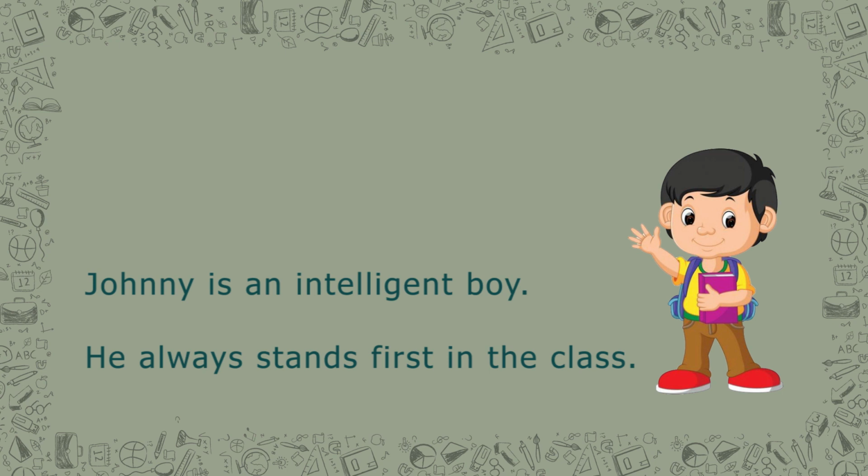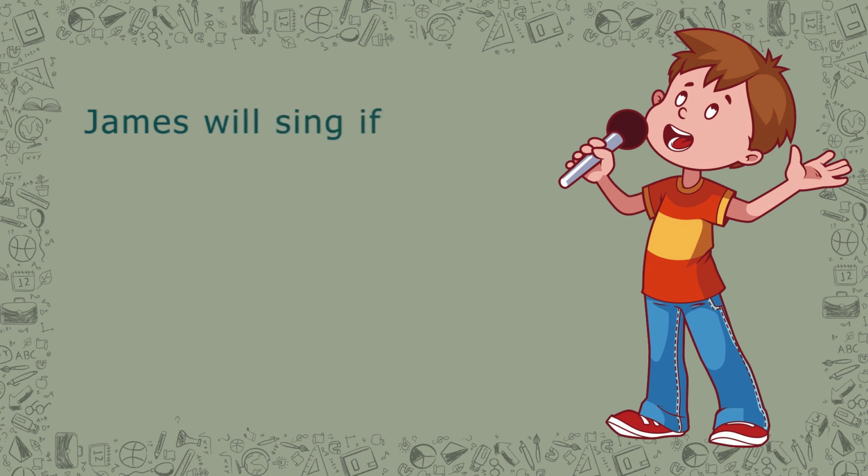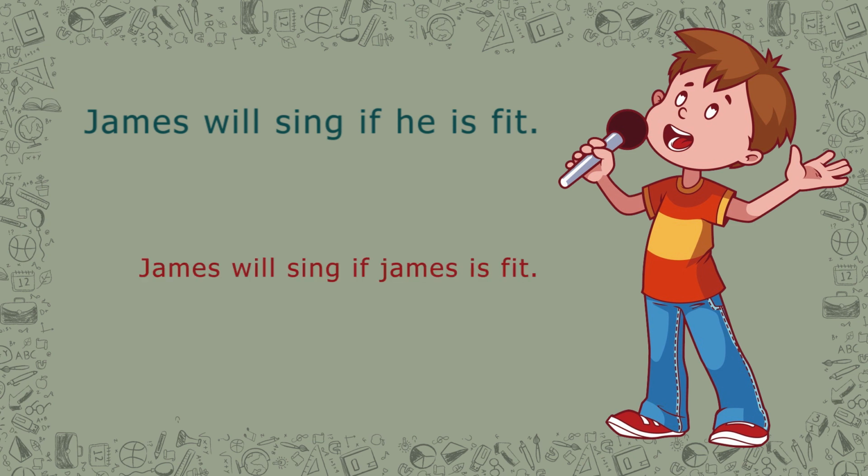Here we use Johnny as a proper noun, but in the next sentence, instead of using the name again, we use a pronoun, he. James will sing if he is fit. Again, rather than saying twice, James will sing if James is fit, instead of James, we use he. This is how we make the continuation and the flow of the sentence.